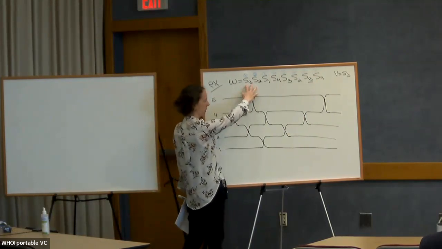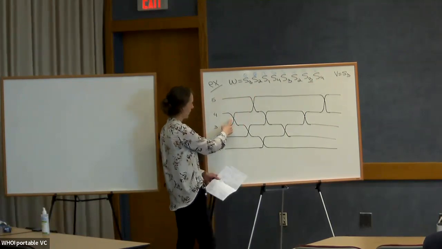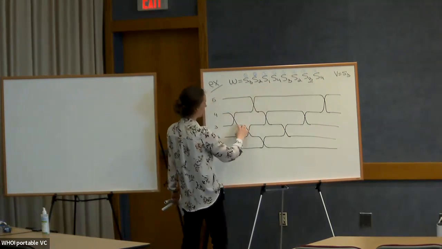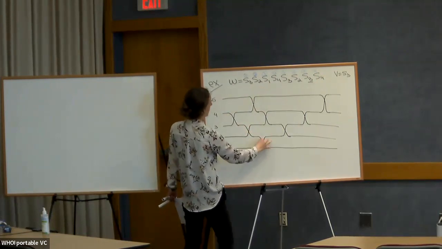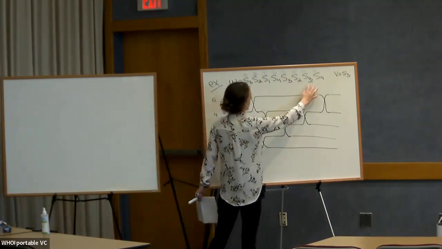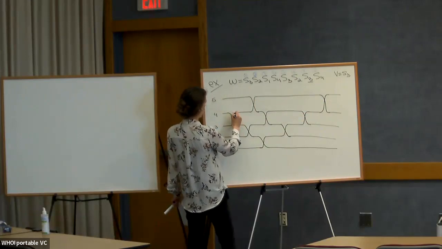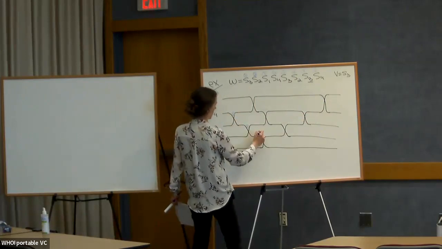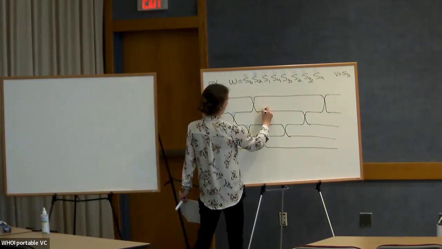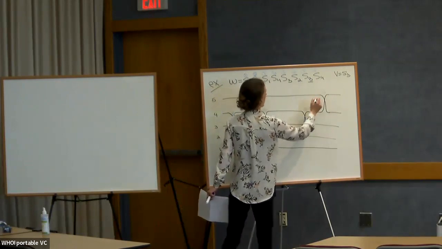S3 is the transposition that changes 3 and 4, so I'm going to introduce a crossing here between strands at heights 3 and 4, and then the next one's 2 and 1, so my crossings are 2 and 1, and then 4, 3, 2, so I have 4, 3, 2, and then a crossing in heights 3 and 4. Okay, so that's the usual wiring diagram. Just label 3, 4, 5, 6, 7, 8.